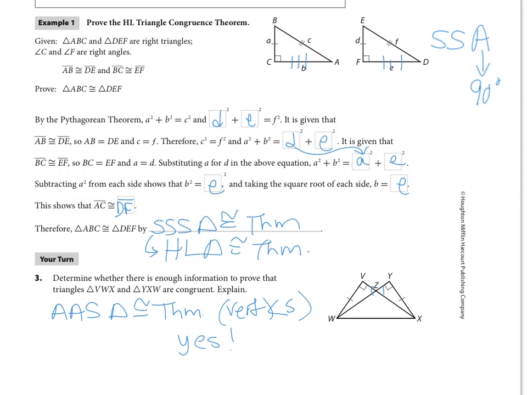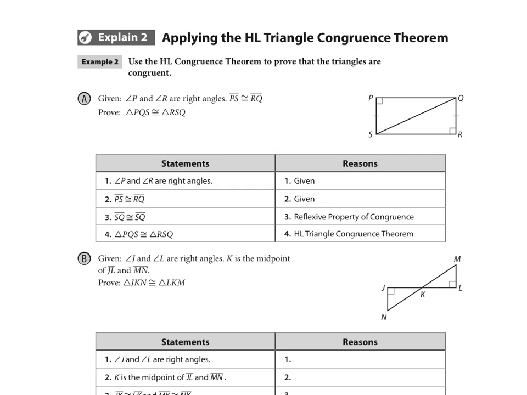So let's see what we can do here with explain 2. In explain 2, we're just going to walk through a couple of proofs using the HL theorem. Really, it's important to just know how to mark these diagrams. So given that angle P and angle R are right angles, those are already marked, and that PS is congruent to RQ, we're being asked to prove that these two triangles are congruent.